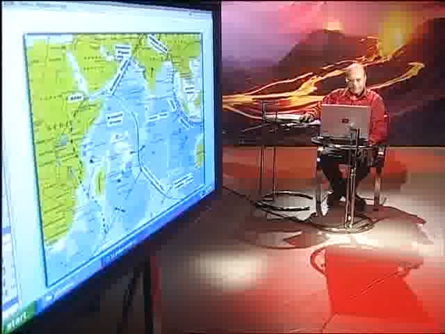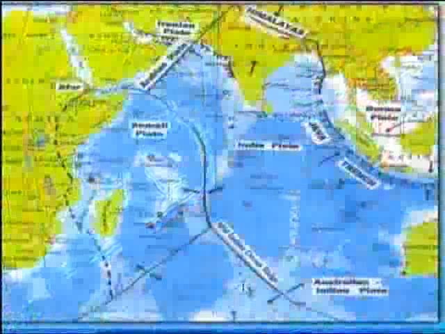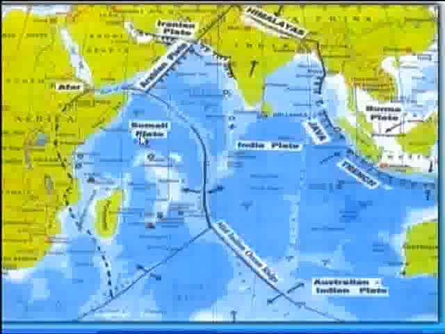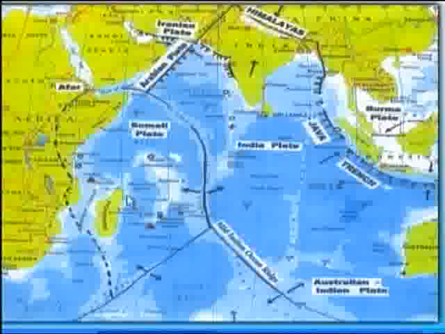This is a map of the Indian Ocean area. Here we can see a series of plates. You have the India plate, the Australian Indian plate, the African plate, and minor plates like the Burma plate and Somali plate. Do not forget that the Mascarene Islands are located on the Somali plate, and that the Somali plate is moving in this direction.